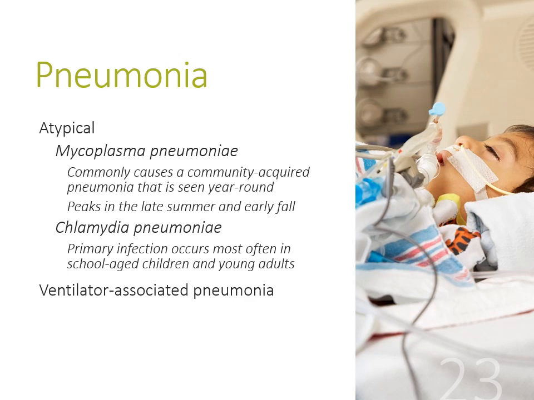Atypical pneumonias. Let's start with mycoplasmic pneumonia. Mycoplasmic pneumonia, commonly called walking pneumonia, is seen year-round but peaks in the late summer and early fall. Although it occurs in every age group, it's most often seen in school-aged children and young adults. The incubation period is long, 2 to 3 weeks, and it presents as a typical upper respiratory tract infection.